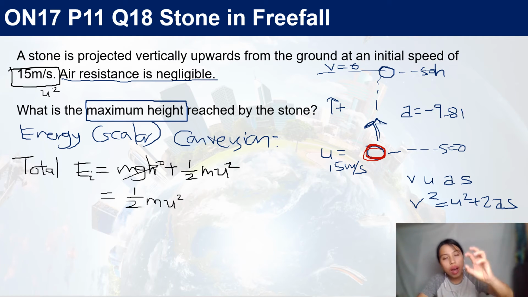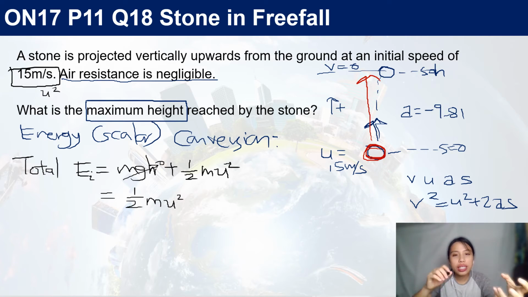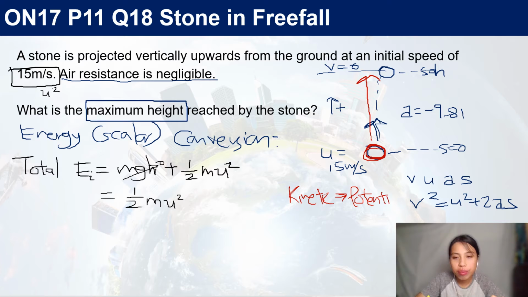Then, as it goes to the top, it will reach a point where it will stop moving. Why? Because as it goes up, all the energy is being converted to potential. So kinetic becomes potential as it goes higher and higher to the top. Okay, eventually it runs out of kinetic energy.